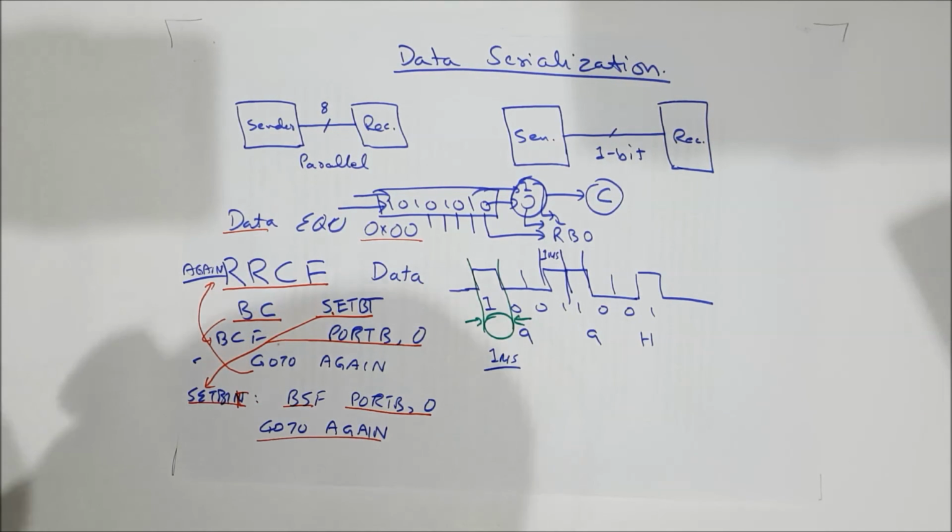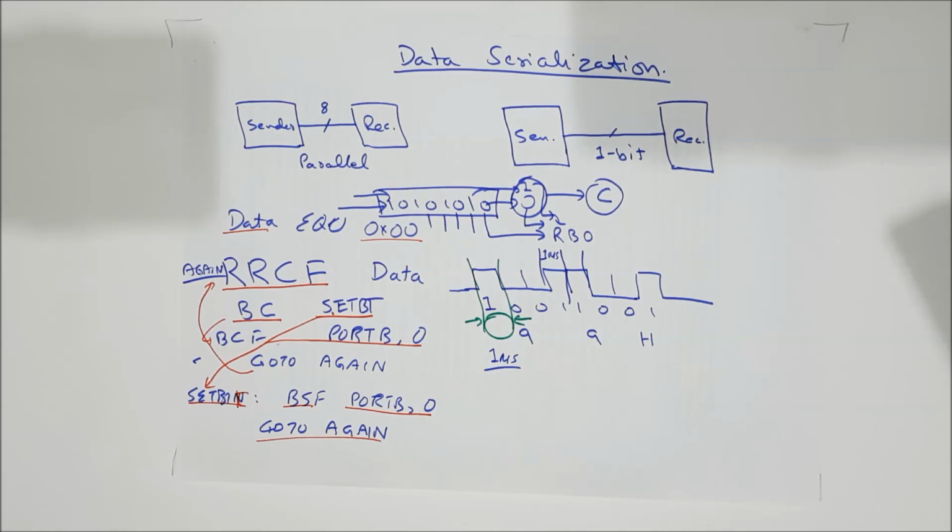To write a code for the receiver will be your assignment. You can take help from Mazidi's book. The data serialization is section number 5.4 in your Mazidi's book.